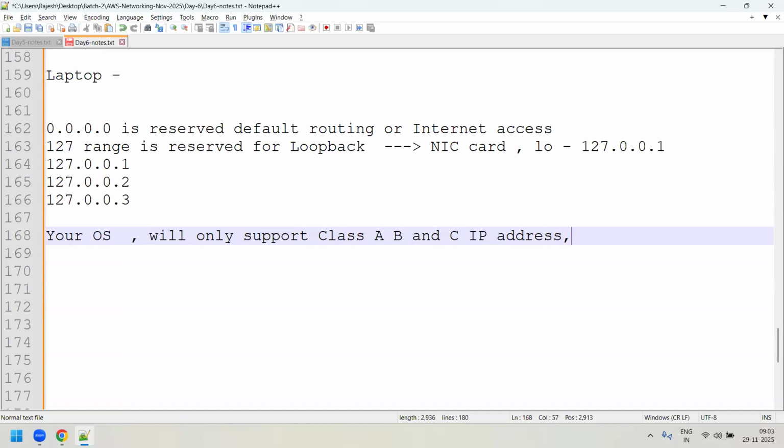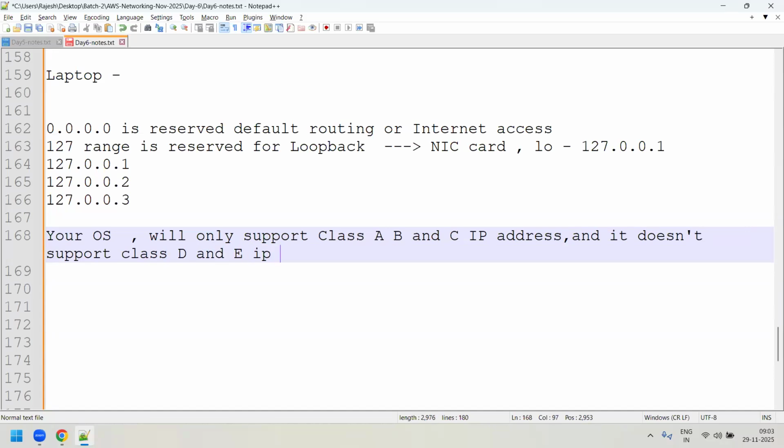It will not support class D and class E IP addresses. Even broadcast and multicast, your computer system will not support.